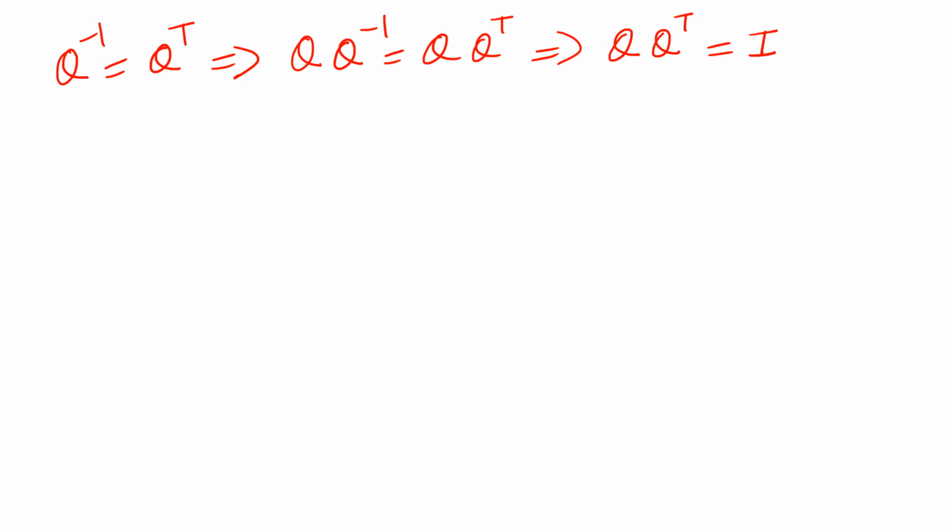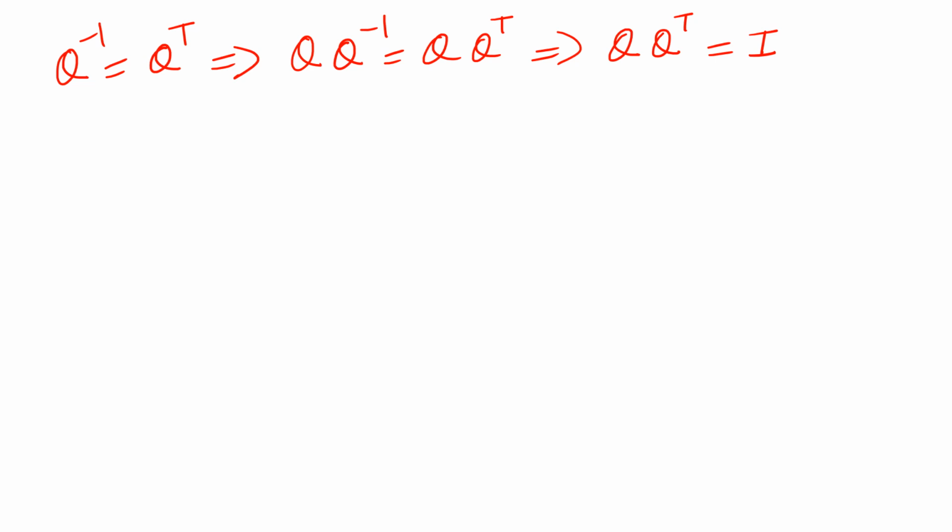Now we know that determinant of Q^T is equal to determinant of Q. This means square of determinant of Q is equal to 1, or determinant of Q equal to plus minus 1, which is not equal to 0. So this clearly means that matrix Q is an invertible matrix.